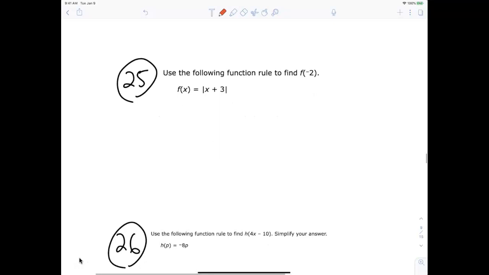Now, number 25. f of negative 2 is equal to the absolute value of negative 2 plus 3. f of negative 2 is equal to the absolute value of 1. f of negative 2 equals 1. So again, just for reinforcement, (negative 2, 1) is on the graph.